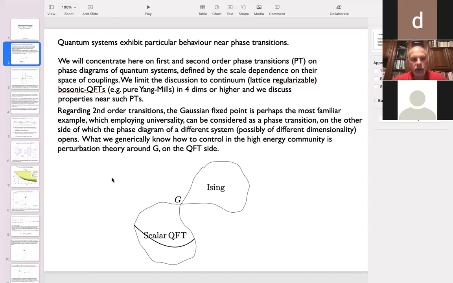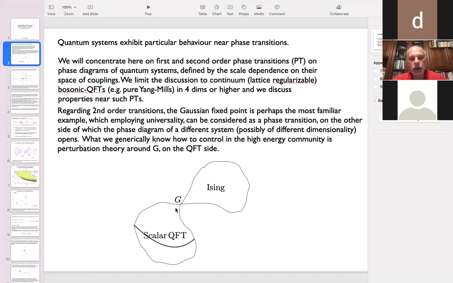In quantum field theory, usually we're not sitting on the Gaussian fixed point, even though we could describe the Gaussian fixed point by CFT techniques. But usually what we learn in a quantum field theory course is what to do on the scalar QFT side, in the vicinity of this phase transition, applying, for example, perturbation theory.